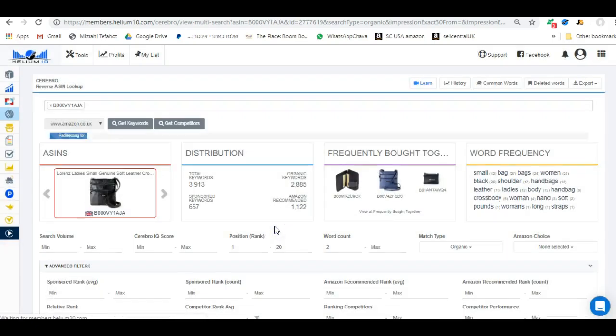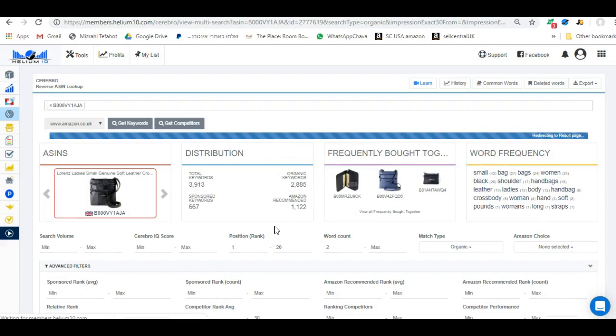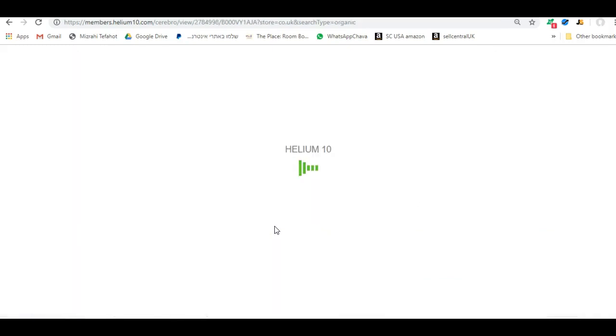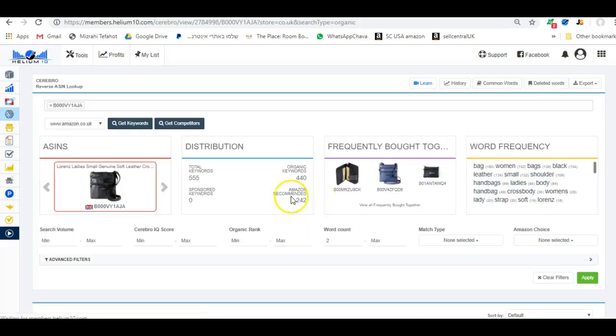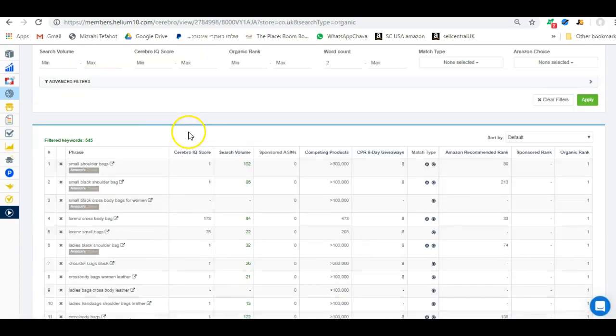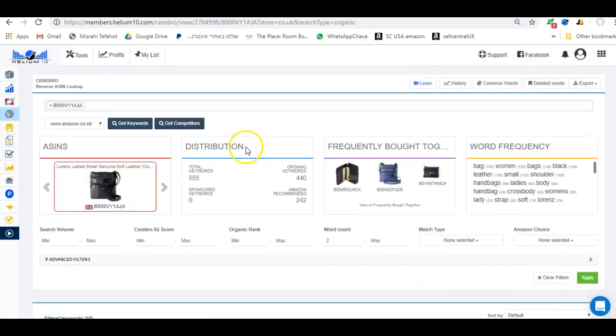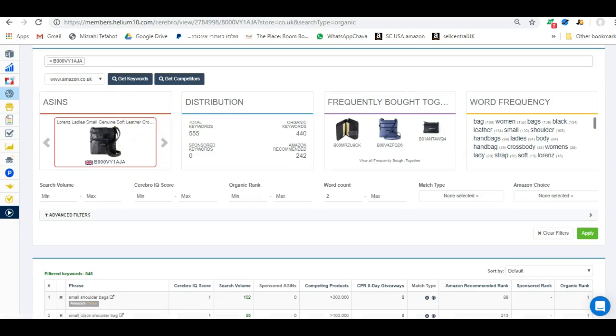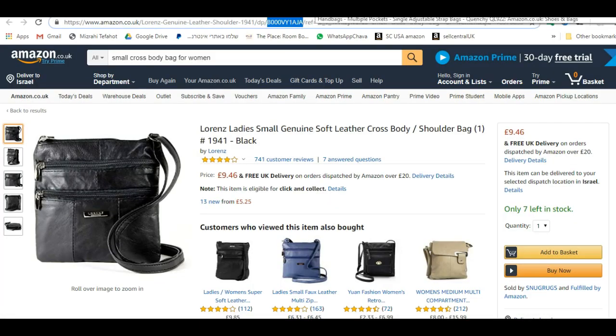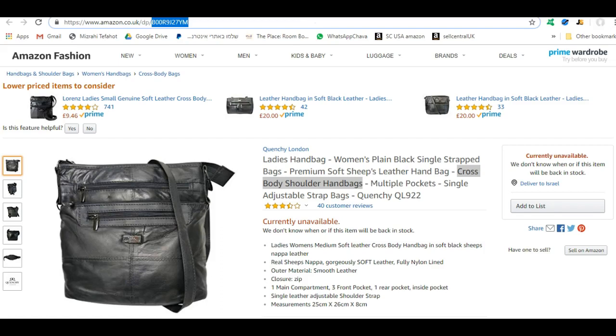Now it's saying that I've already done this search. Do I want to search it again? And yes, I do. So here it's come up with, again, this is a competitor, and this is a very similar bag, right? And that's what you want to do. This actually looks like they're sourcing from the same manufacturer.